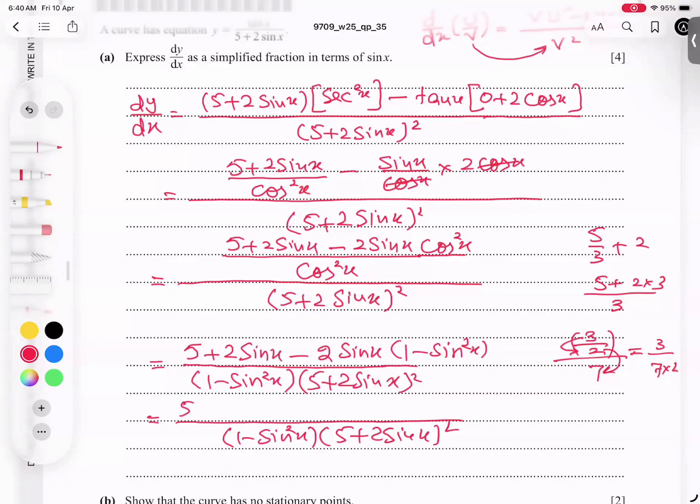So 5 plus 2 sin x. This multiplies inside: negative 2 sin x and positive 2 sine cubed. And the final form, this cancelled: 5 plus 2 sine cubed.